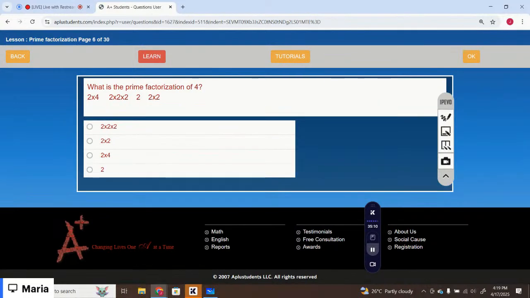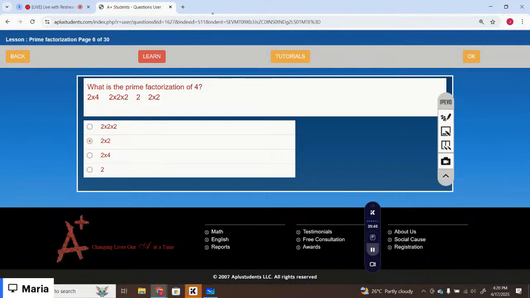What is the prime factorization of 4? Which is the correct option? That is 2 times 2, which is 4.